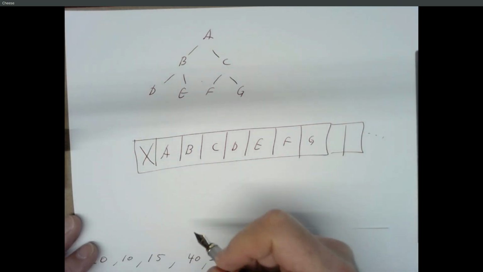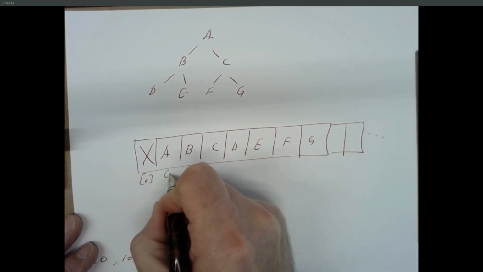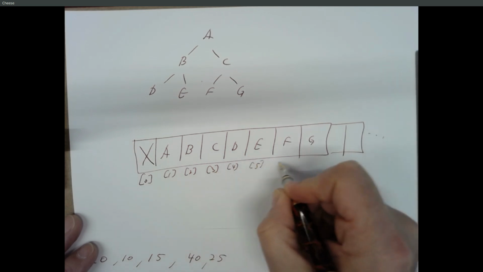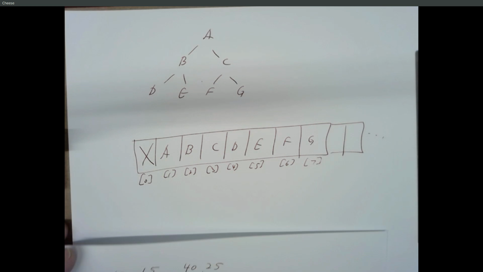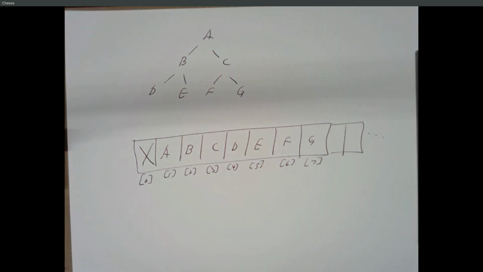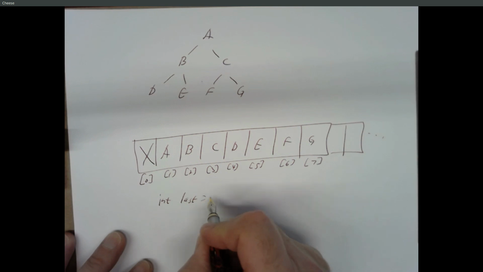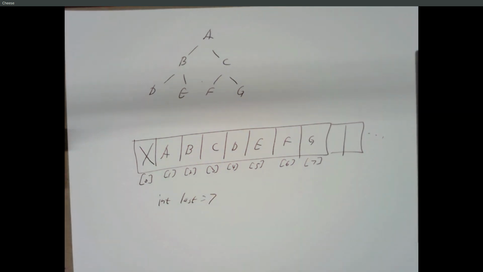I'm never going to use element 0 in my array, but I'm going to store these things in breadth first order, as so. And I'm going to have some sort of variable that tells me how many things I have stored in my heap. Anytime I want to get to the last element, it's just index last. So if I add something, I'll increment this. If I subtract something, I'll decrement this. So it's really easy to find the last element in the heap.